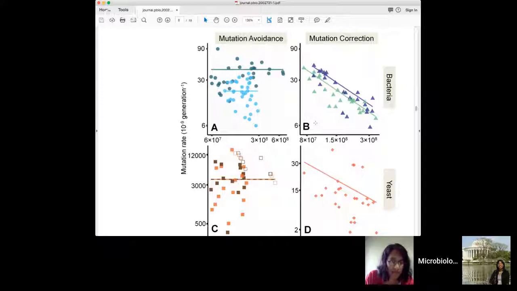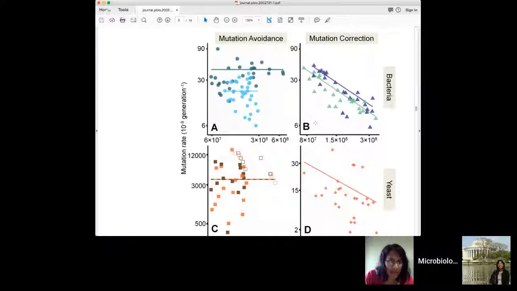The other phase of it is if that mutagenic nucleotide, that 8-oxo-dGTP, does get incorporated, then there's a mechanism that's the mutation correction mechanism that tries to fix it once it's got incorporated. So they kind of split this into two phases. Let's get that mutagenic nucleotide out of the free nucleotide pool in the first place, or, okay, it got incorporated into the DNA, so now let's fix it.